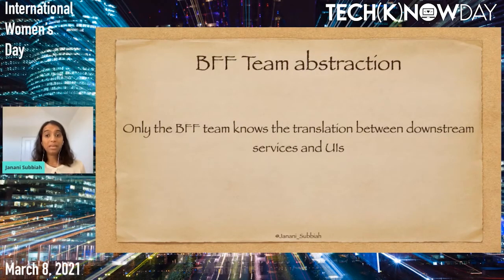Similar to the BFF itself, the BFF team also acts as an abstraction, and this works great when everything works really well. But when hell breaks loose, depending on the size of your BFF team and depending on their availability, this could become a tiny problem, because it's only the BFF team that knows exactly how data from multiple sources is combined and maybe other things are added before being passed on to the UI.